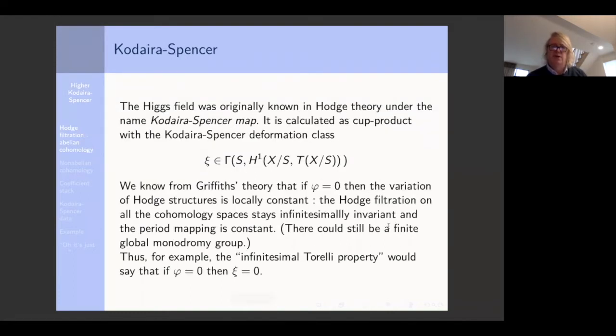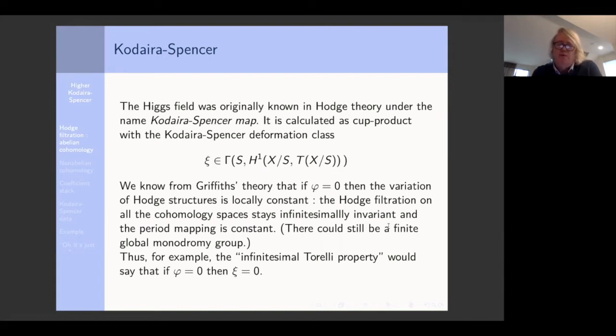And that's what was usually known as the Kodaira-Spencer map. Okay. So in usual Hodge theory, this map is given by cup product with the Kodaira-Spencer deformation class, right? Our family of varieties has a deformation class, which is a section of the relative H^1 of X over S with coefficients in the tangent bundle.